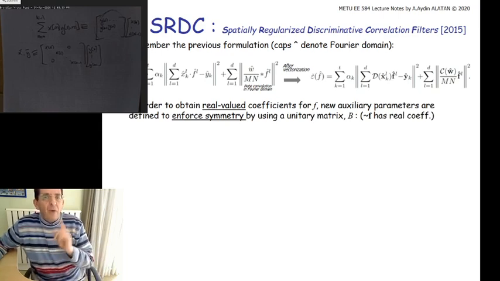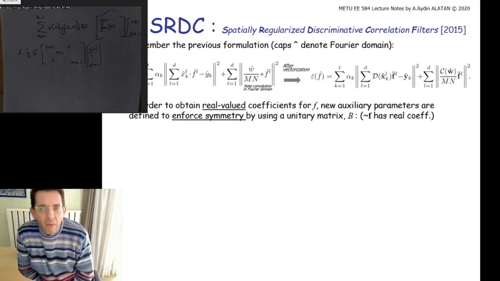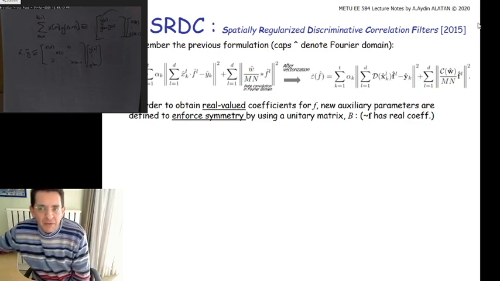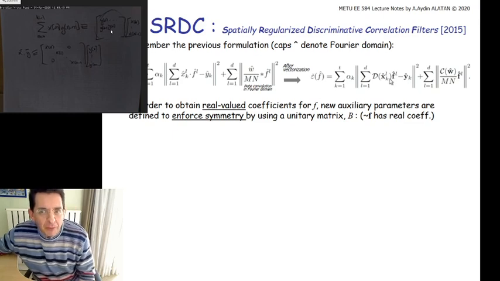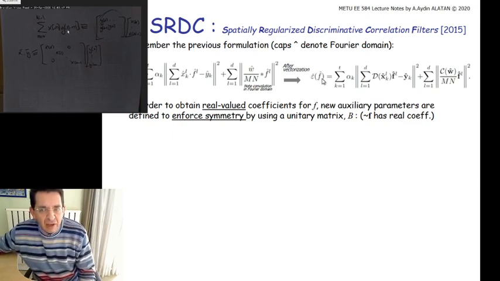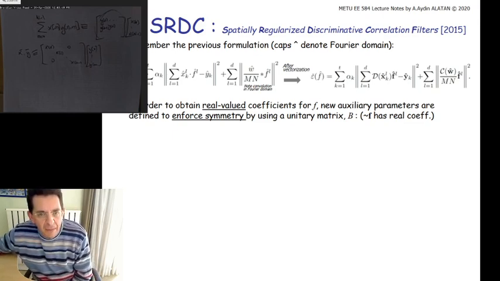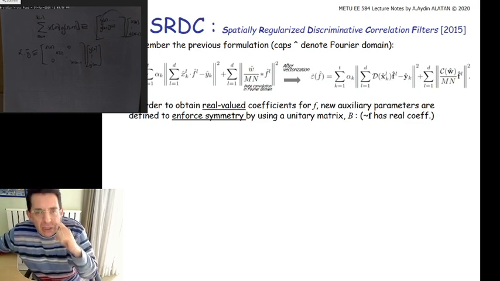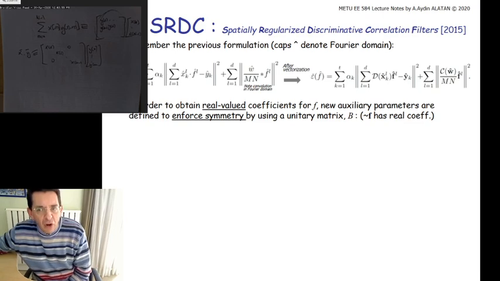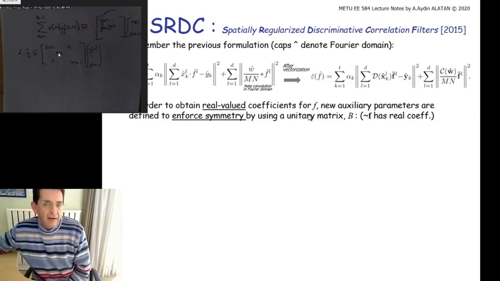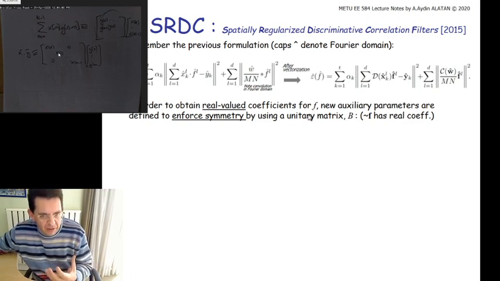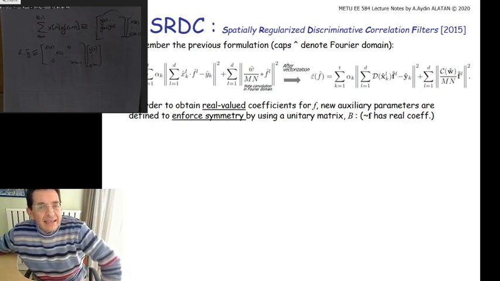Now, one little thing: I am working in the frequency domain. F cap is frequency domain. I will obtain an F cap as the final result, and this F cap should give me real valued coefficients, okay? Therefore, I have to have an auxiliary enforcement. I need a symmetry.